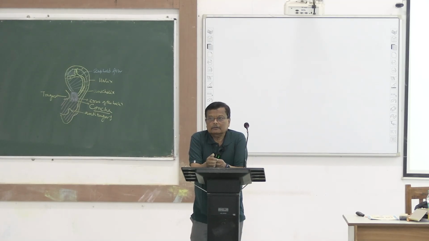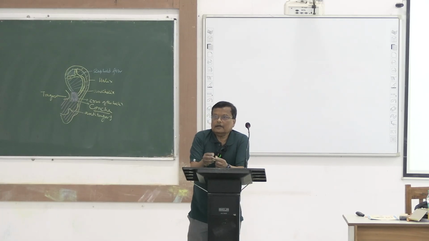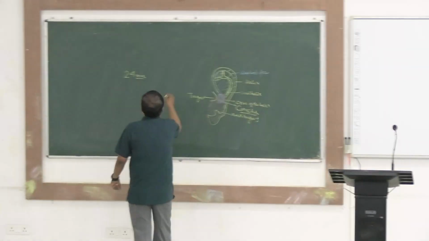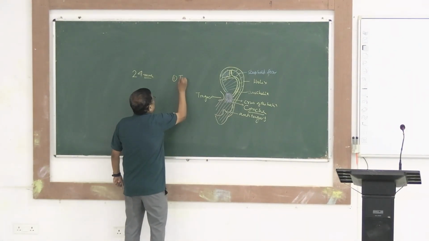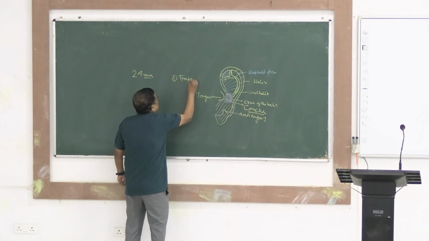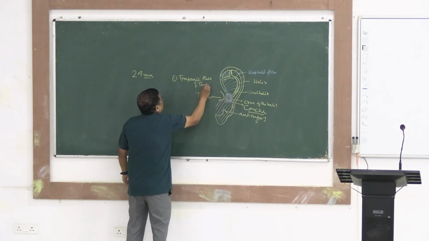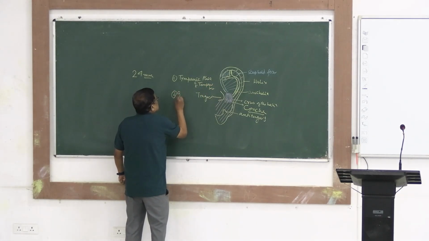And the bony part is made up of the tympanic plate, or tympanic part of the temporal bone, and partly by the squamous part of the temporal bone. So number 1, tympanic plate of temporal bone, and number 2, squamous part of temporal bone.